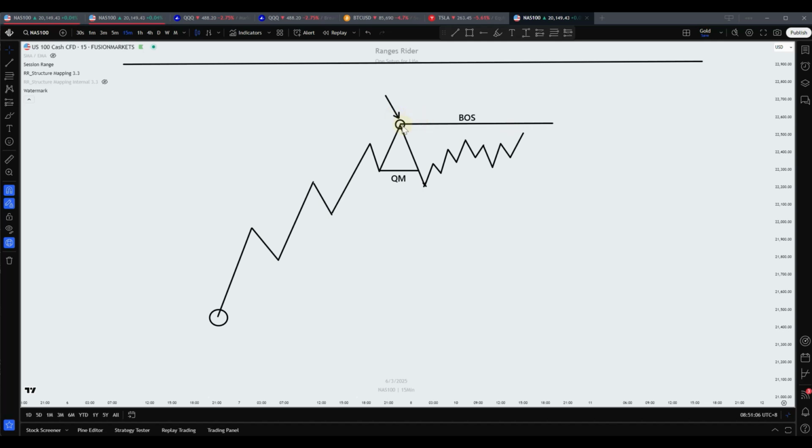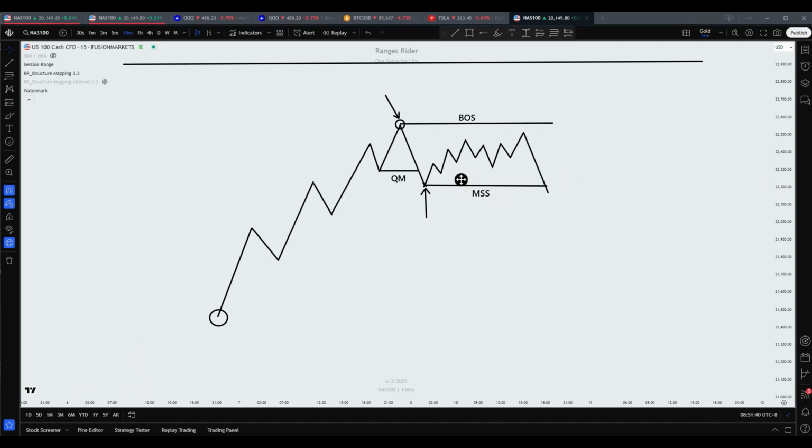If this high is not taken out and the price fails to take that high and instead takes this low, this is the low which is attempting to make a new high after QM. So this low failure will become a market structure shift. So where is the market structure shift? It's not here, it's here.